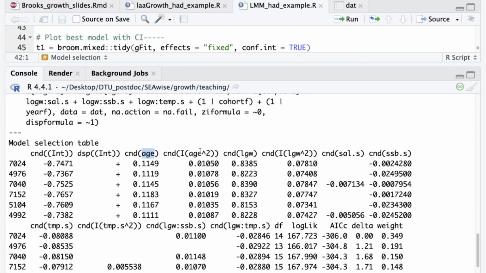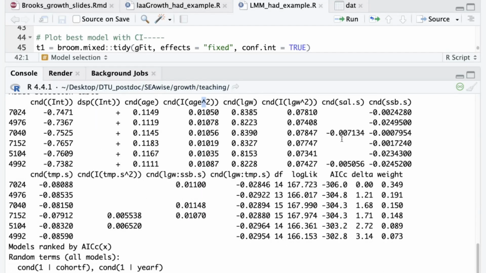Every model has an age effect and an age squared effect, and log weight and log weight squared. But then where it gets interesting is these columns that represent the environmental covariates. And you can see that all of the top models had an SSB effect in them, and it was always negative. So that means SSB decreases their growth.